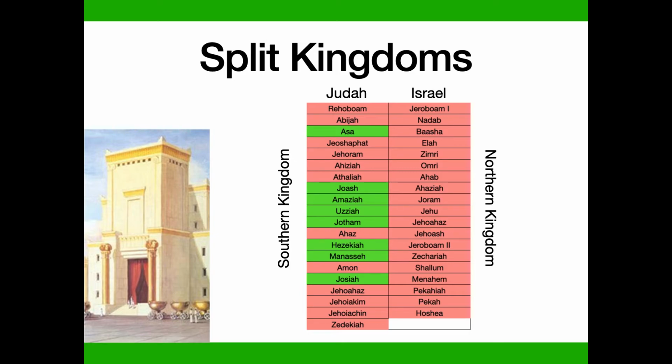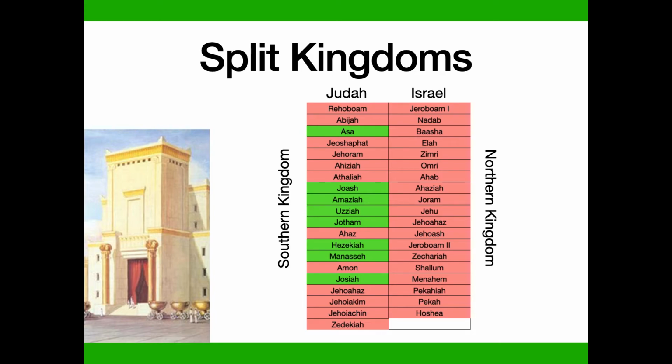But this is just a list of the 20 kings of Judah and the 19 kings of the northern tribes of Israel. The color is the most important part here. Red is a wicked king, and green is a righteous king. Now, when I say righteous, it doesn't mean that they did everything correctly, but they at least had righteous intents.